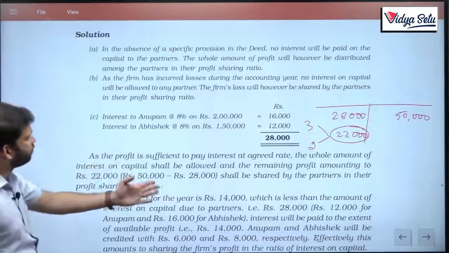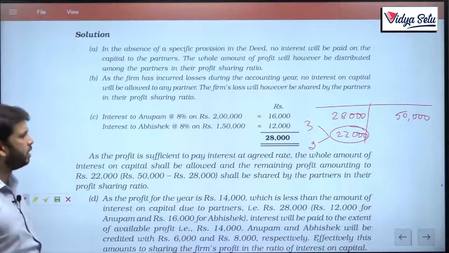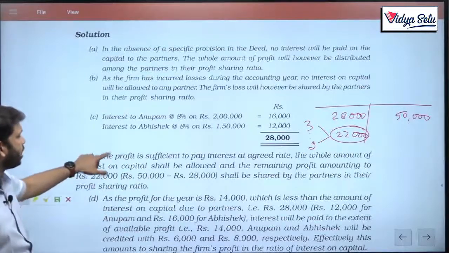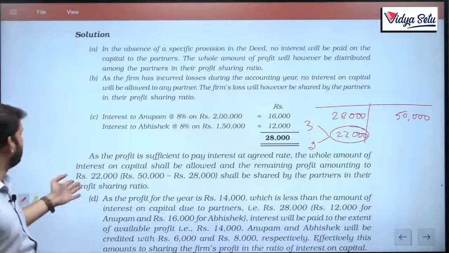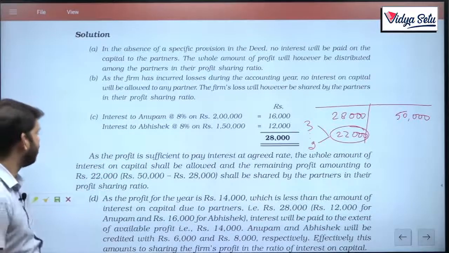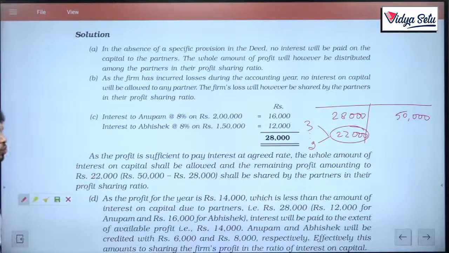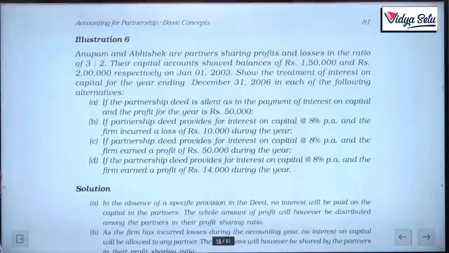As the profit is sufficient to pay interest at the agreed rate, the whole amount of interest on capital shall be allowed and the remaining profit of 22,000 shall be shared by the partners in their profit sharing ratio, which is 3:2. The last one: if the partnership deed provides for interest on capital at 8% per annum and the firm earned a profit of 14,000 only.